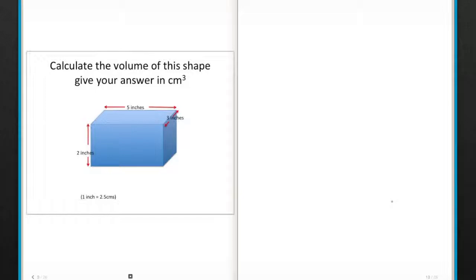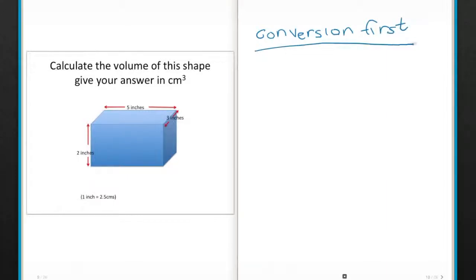Calculate the volume of this shape. Give your answer in centimetres cubed. Whenever we have a volume, do the conversion first, if there's one that's required. Conversion first, always, because it's easier. You'll get the wrong answer otherwise.